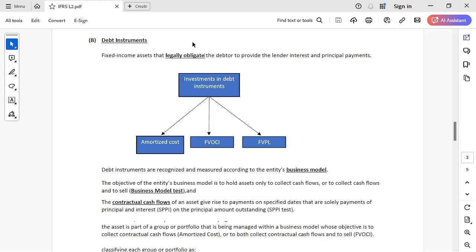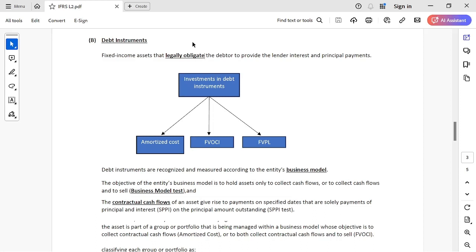So, as we said before, here there is a legal obligation on the company, the investee, to pay back the amounts to the debt holders. So, to pay them back the principal, any interest, and so on.